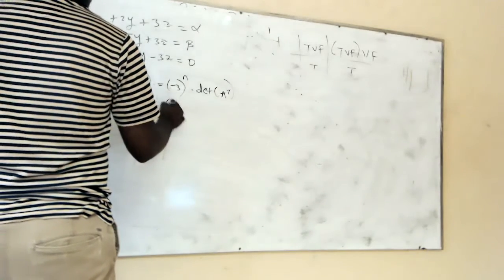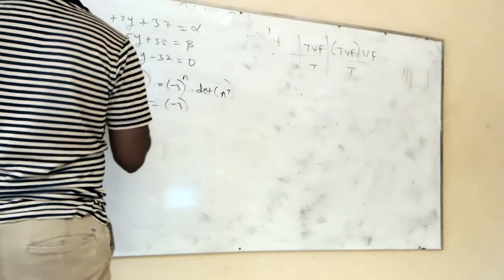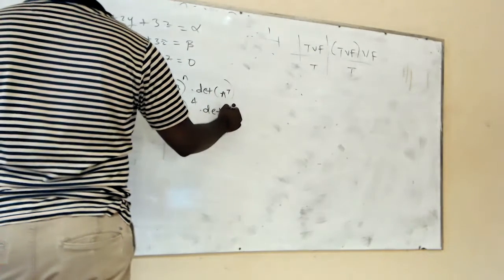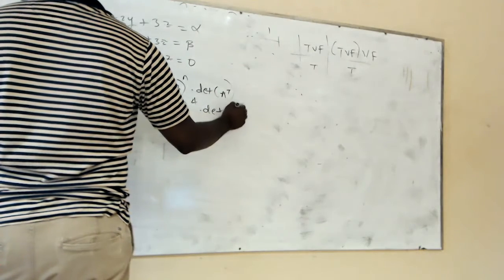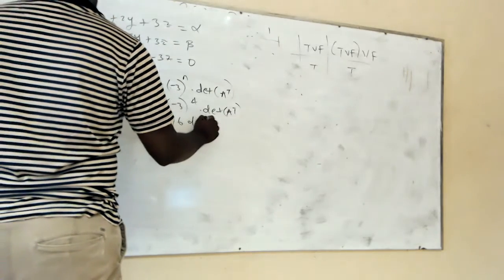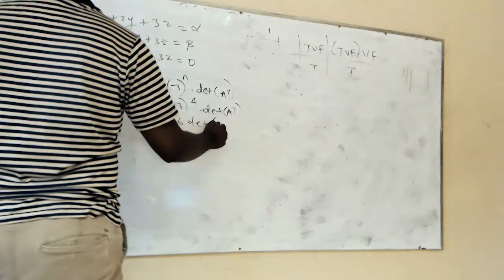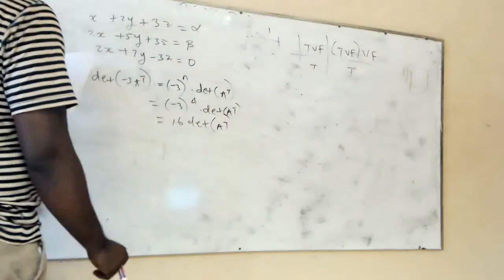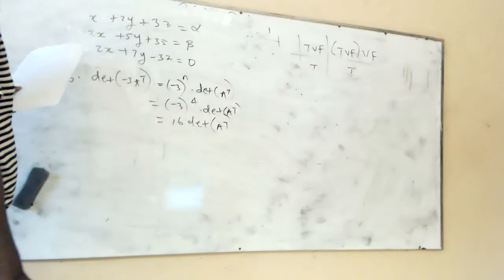So you can see we're going to have -3 to the power, we were given a size of 4, and then that of the matrix. So this is going to be 16 that of A.